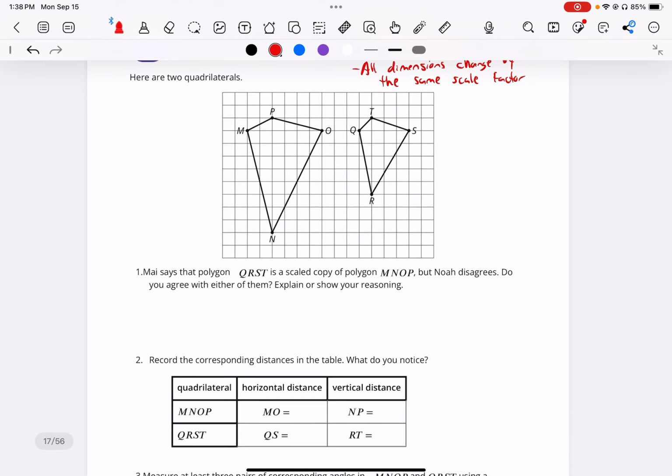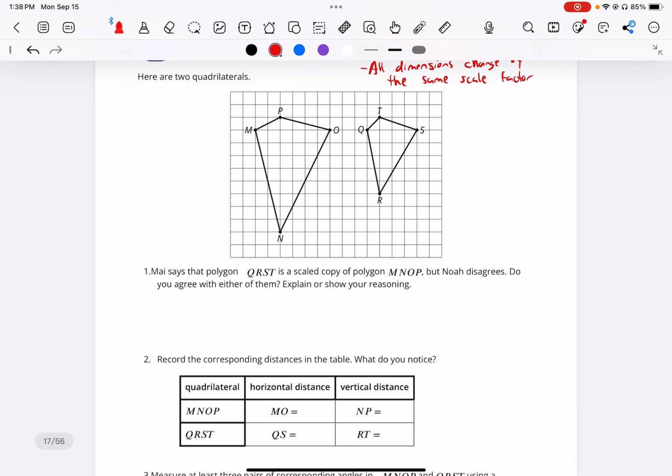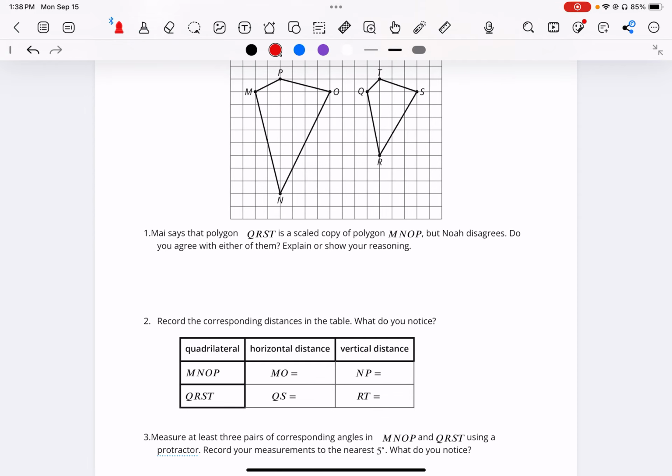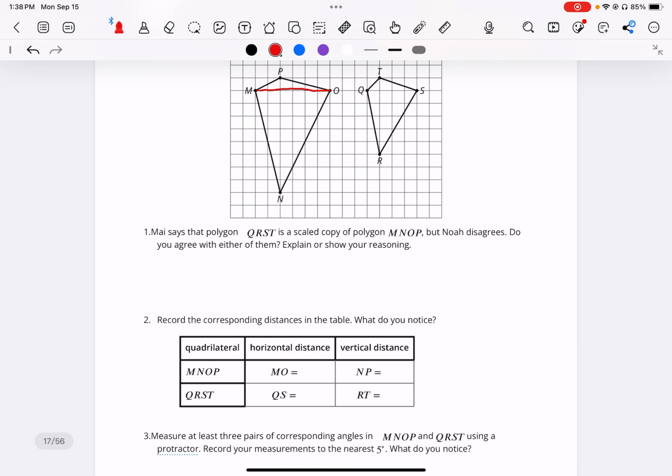So first, let's look at the side lengths here. I can't measure these slanted side lengths, so I'm going to have to use the other sides. I'm going to use MO, which is the length or the width of the first polygon. So MO is 6, and that corresponds to QS, which is 4.